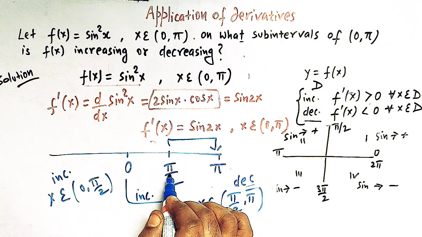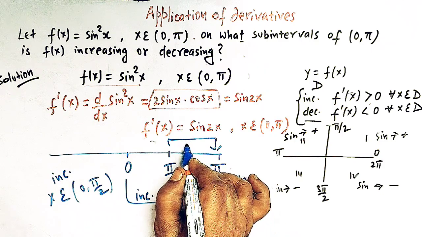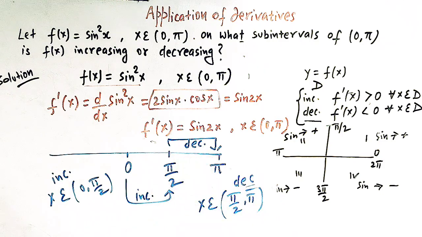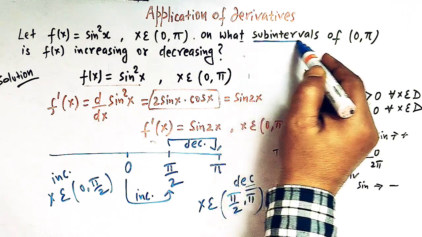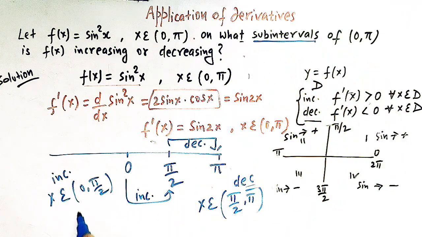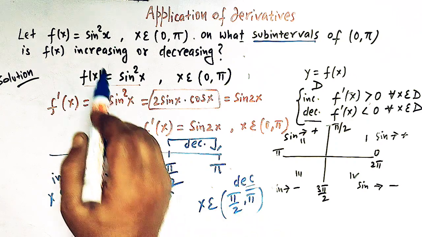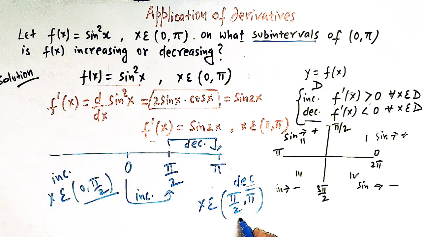And when x belongs to this interval, from pi by 2 to pi, the function is said to be decreasing, right? So we have the sub intervals 0 comma pi by 2 and pi by 2 comma pi. In this interval the function is increasing, and in this interval the function is decreasing.